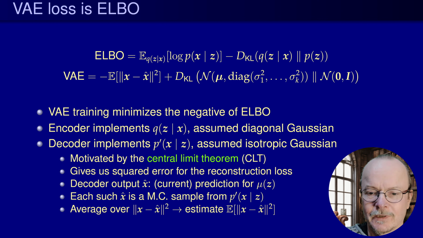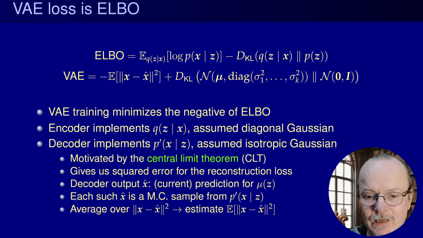loss computations in the decoder proceed as follows. Given input z, a sampled encoding of the original data x, the decoder reconstructs some x hat. This x hat is the decoder's current approximation of the mean mu of z, and we use it to estimate the log likelihood of the original data.